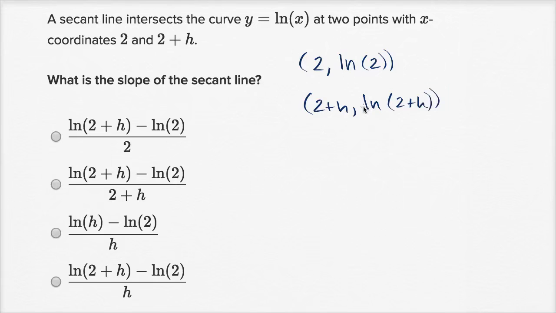And if you know 2 points on a line, you will then be able to figure out the slope of that line. And we can just remind ourselves that a slope is just change in y over change in x. And so what is this going to be?